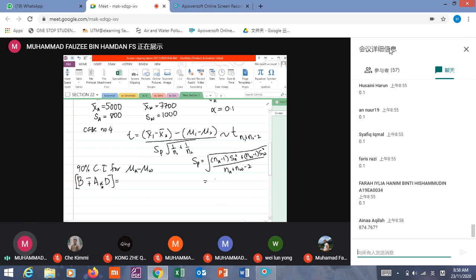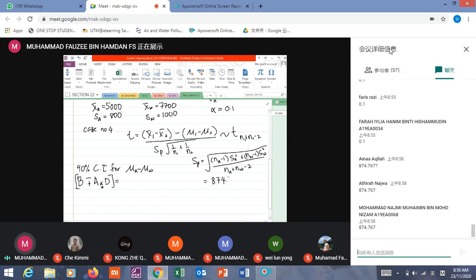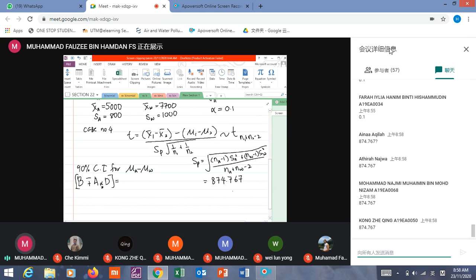Maybe you will make a mistake in the process to calculate SP when you key in the value in your calculator. So I just want to compare. Okay, Aina already get 874.767. If most of you get the same answer, maybe that is the right answer. If somebody gets a different answer, check again why it is different from the rest.